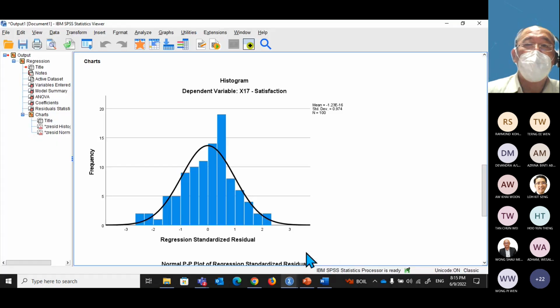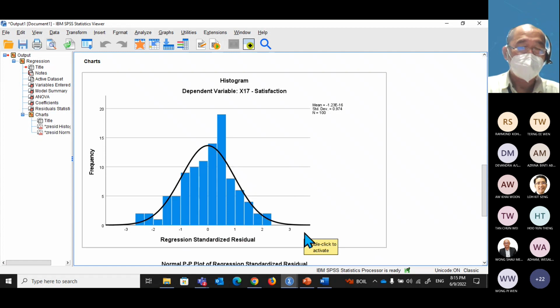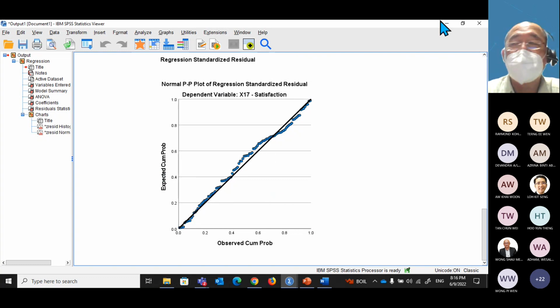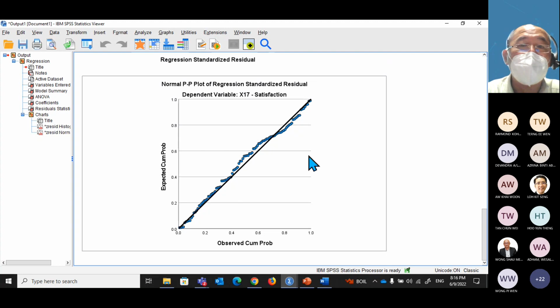This one is a PP plot. Can you see the expected cumulative probability and observed cumulative probability? Here it is still considered approximately normal, because the blue dots represent the data points. If all the data points fall on the straight black line, it is normal.